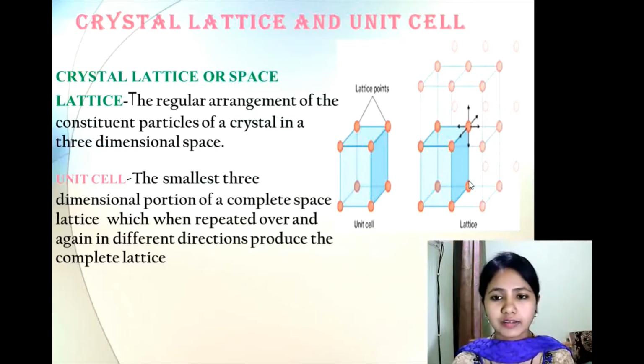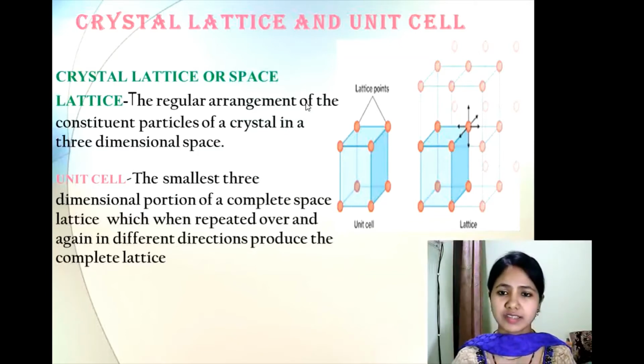We can compare this with the example of a wall. All of you have seen a wall, and we know that walls are made up of bricks. Here the brick is considered as a unit cell which repeats itself again and again to make the entire wall. So the wall is considered as a crystal lattice and the bricks are considered as unit cells.